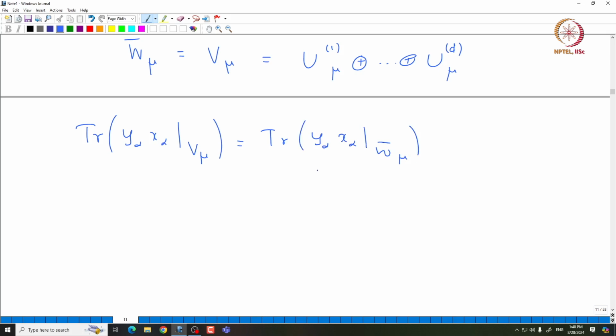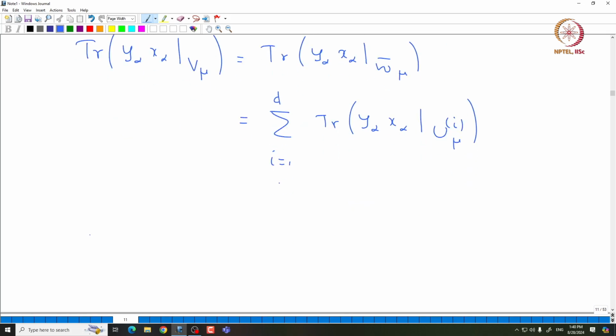So, which is exactly equal to the sum of the individual traces, the trace of Y alpha X alpha acting on this U I mu for I ranging from 1 to D. Now for this purpose we assume that we are calculating the trace on this U I mu.